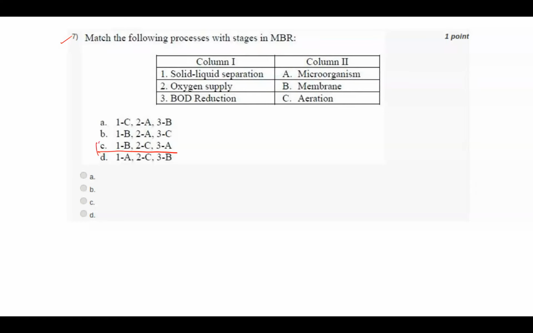Yes, C is the answer. Here, for solid liquid separation, as we know, a membrane is needed. Then oxygen supply, that is easy, that is aeration. And then BOD reduction, microorganisms. So like that, C is the right answer.